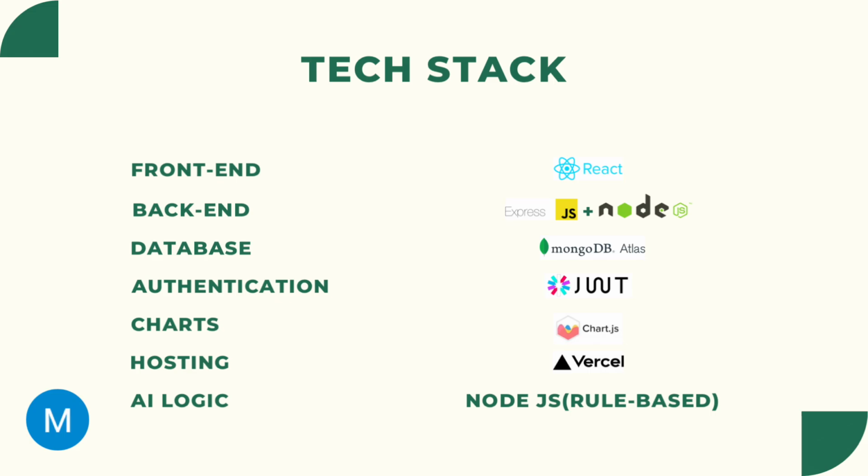For authentication, we'll use JSON Web Token, or JWT for short. For charts, we'll use Chart.js. For hosting, we'll use Vercel. And for AI logic, we'll use Node.js with a rule-based approach, which means that our expenses or incomes will be categorized based on keywords.